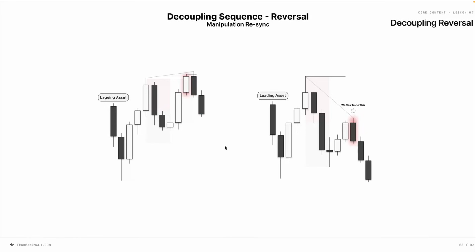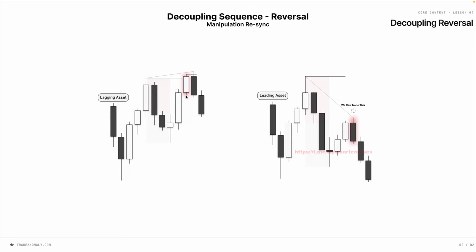So now let's go over the decoupling sequence for reversal. This is going to happen when we decouple into an SMT, right? So notice how this asset expands higher, creating a cracking correlation, while this asset expands lower. This asset is manipulating, and this is where we can actually trade this asset. You have to use context clues, because we have the advanced premium discount and no SMT at the lows.